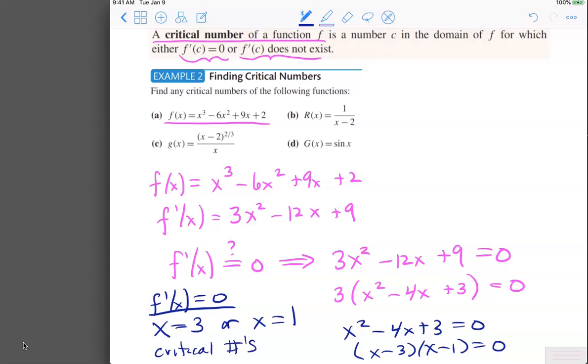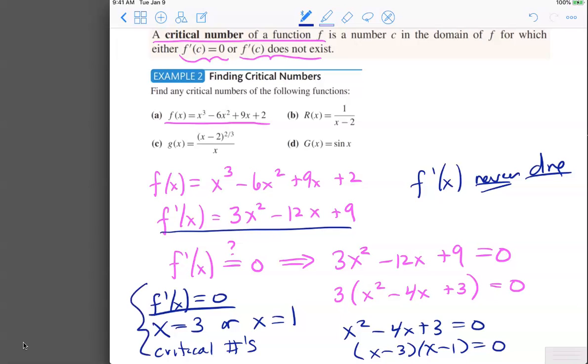And since there's no place where f prime of x does not exist, no place where we get a division by 0 or the square root of a negative or something like that, x equals 3 and x equals 1 are our only critical values.